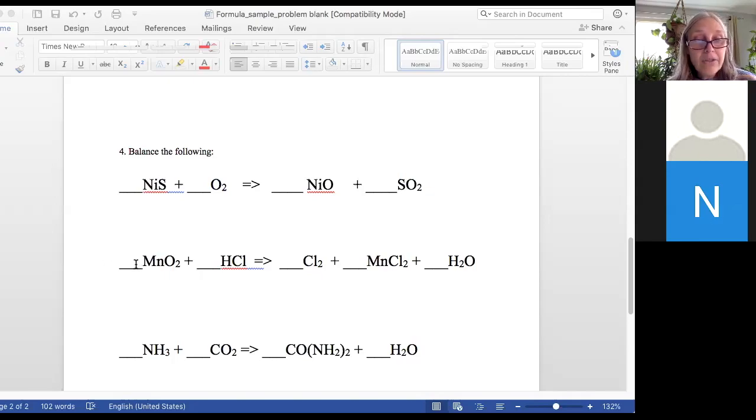So know how to do the conversions, and also how to convert from moles to mass. Use the molar mass, which can be the atomic mass if it's a single atom, or the mass of all the atoms added together if it's a compound, to get from moles to molar mass, or from molar mass to moles.